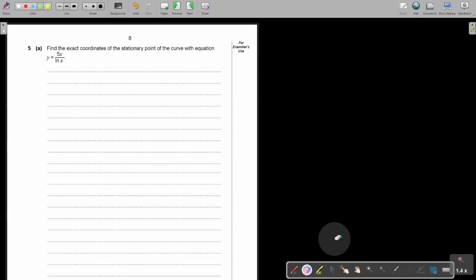Where will you find it in the y equals mx plus c mathematics textbook? You will find it in chapter 11, and that will be derivatives of natural log functions.